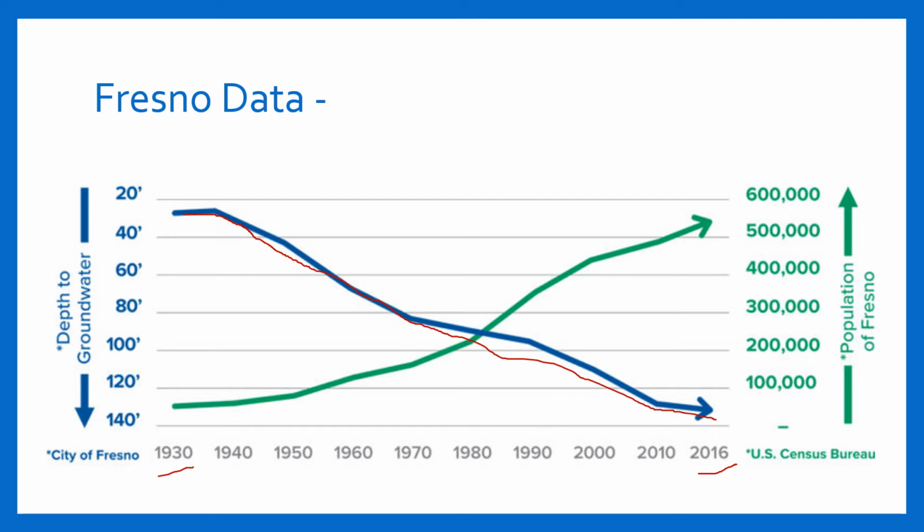So in 2016, you might have to drill down 140 feet to reach groundwater. Okay? And then they correlated that to, on the right, the population of Fresno. The population has increased. So basically there's more demand for that water along with agriculture as well. But as we've increased the demand for water, we've pumped more and more groundwater, causing the level of the water to drop. And now we have to dig deeper and deeper to reach that water. So I thought that was an interesting little graphic.